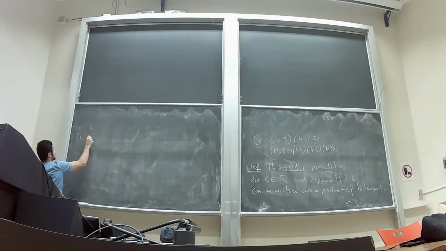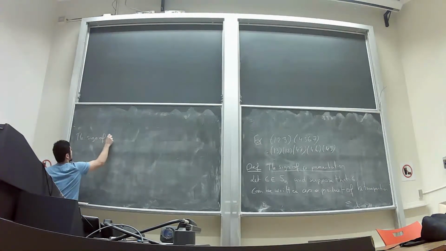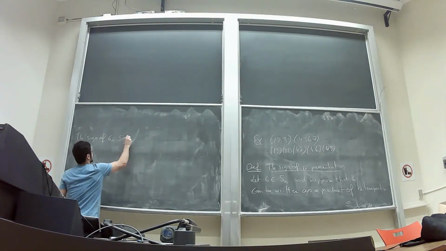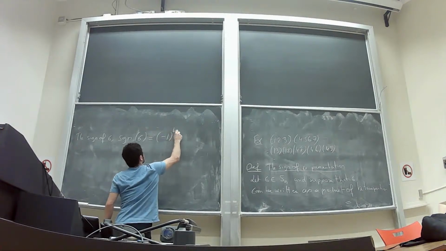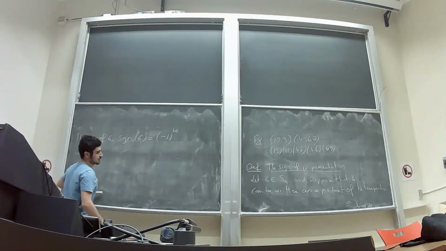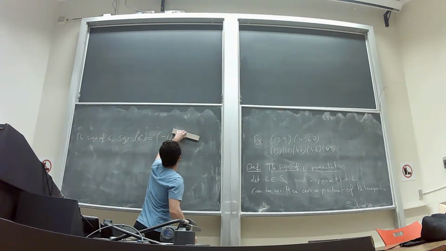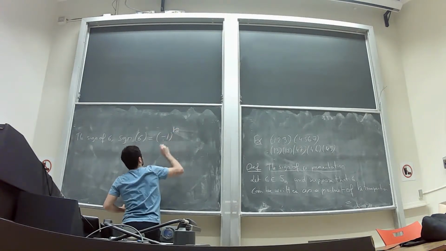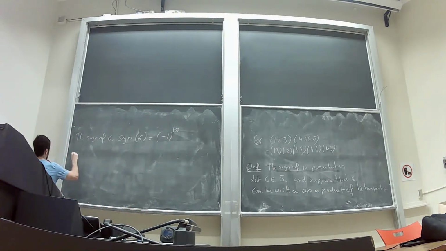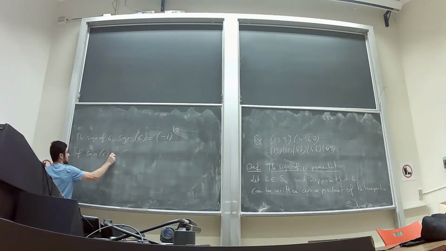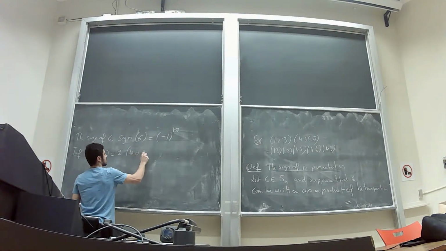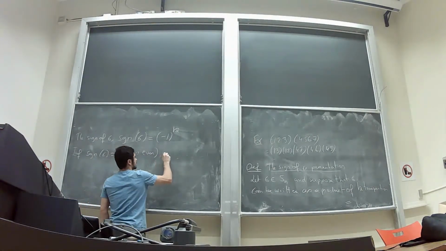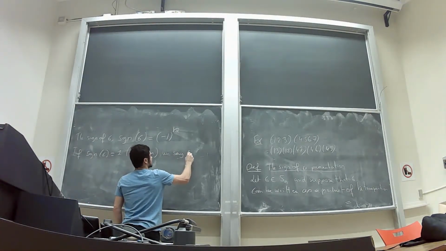The sign of sigma, written sgn(sigma), is just (-1)^k. Here, the sign of sigma is equal to 1 when k is even, and we say that sigma is even.